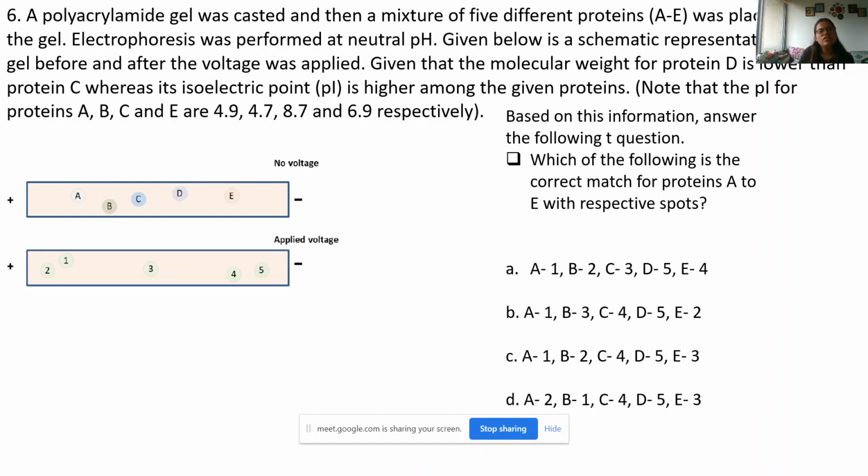And secondly, you have been given all the pI values for proteins A, B, C, and E. For protein D, two pieces of information are given, but let's focus on these four proteins first. Try to first see what you can infer from this information. I'll give you 5 minutes. Think about it.